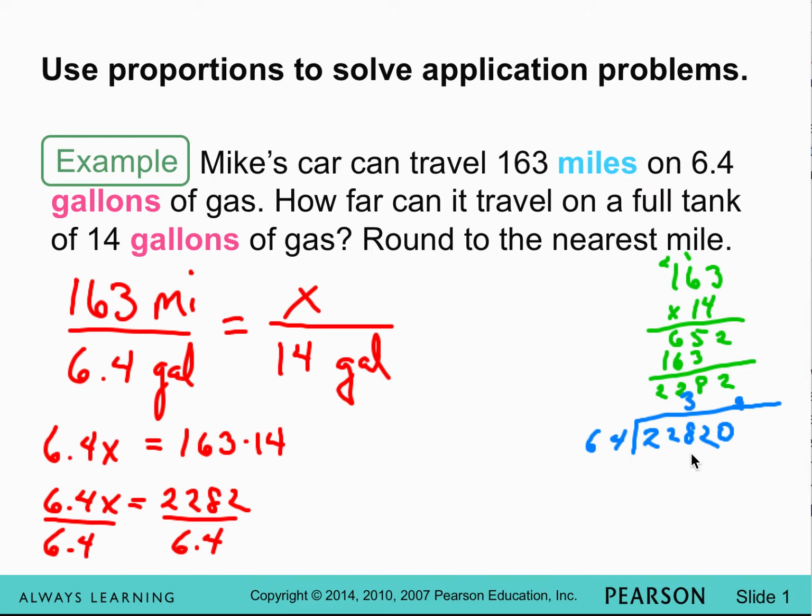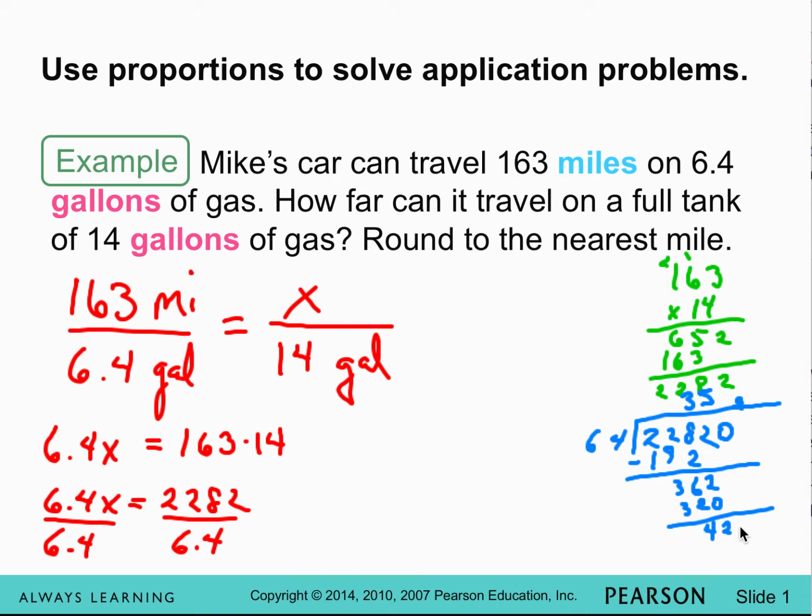3 times 4 is 12, 3 times 6 is 18, 19. Let's subtract and bring down. 6 goes into 36 6 times, but I know that's going to be a little bit too much, so let's try 5. 5 times 4 is 20. 5 times 6 is 32.